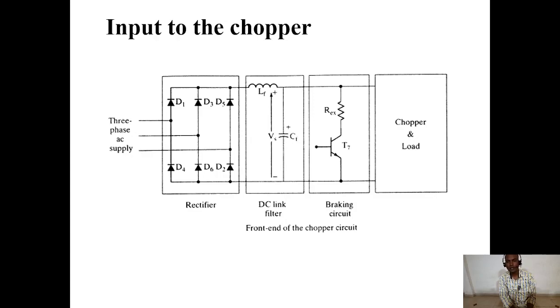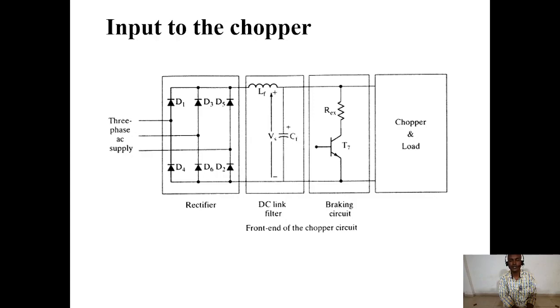This is the input to the chopper, where it has three blocks. The first block is called the rectifier, the second block is a combination of DC link filter with a braking circuit, and the third block is called the chopper and the load.